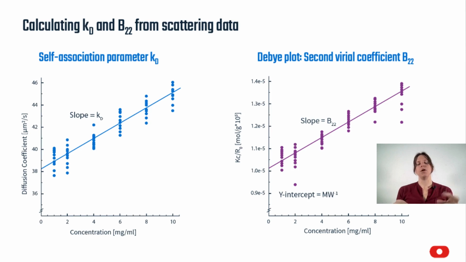I don't want to get too into the mathematics of how either of these are calculated. We have some deeper information in a DLS ebook, or you could reach out to discuss with one of our technical specialists later. But to keep it very simple, for both KD and B22 experiments, you will prepare replicates of your sample at about 5 different concentrations, from half a mg per mL to maybe 10 or 20 mg per mL.